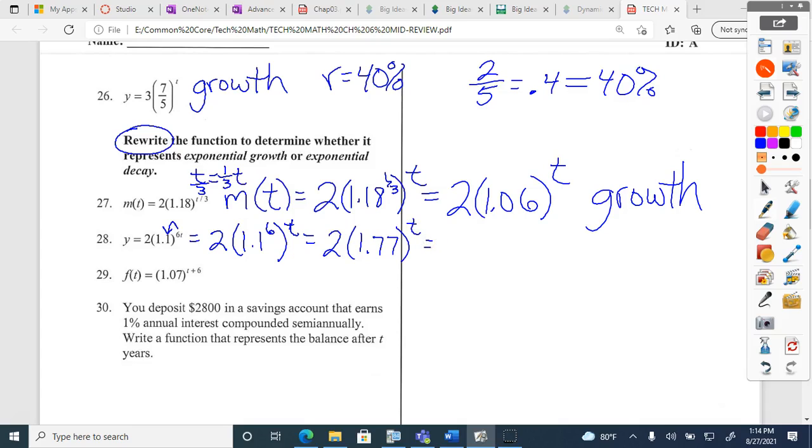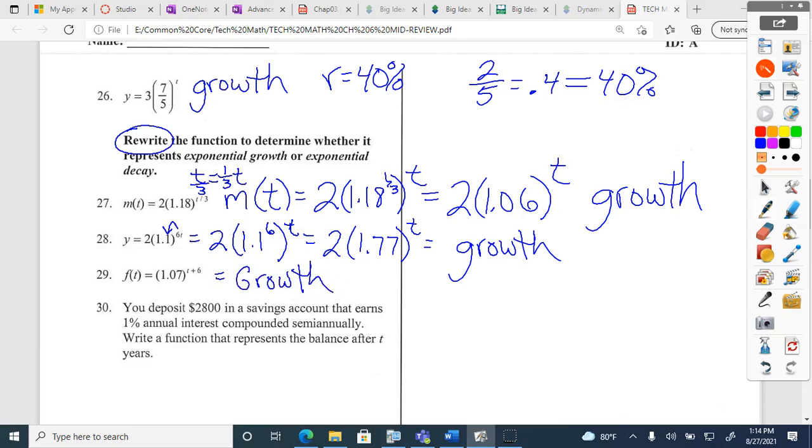That is going to be growth as well. Same with the next one. Now, the last one, do we need to worry about moving it? We don't. Remember, when it's plus or minus, you don't have to move it. It says to, but you don't have to. It's going to be the same exact 1.07. So is that growth? That is growth.